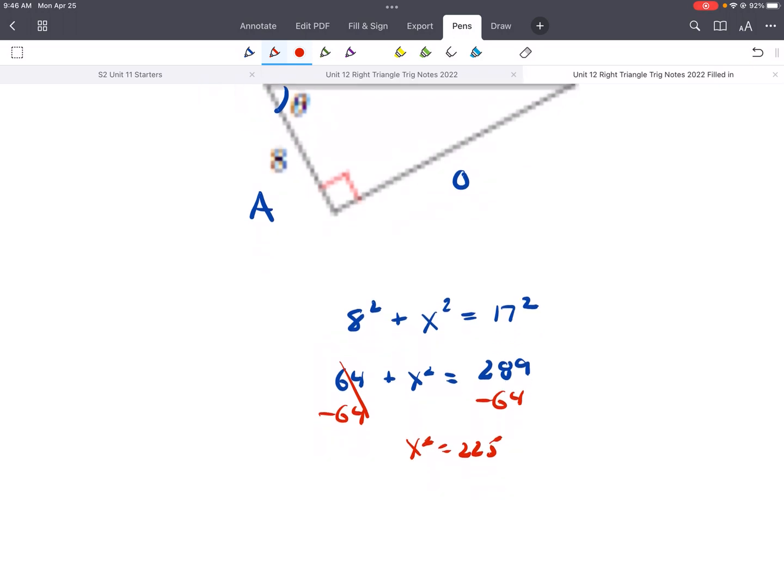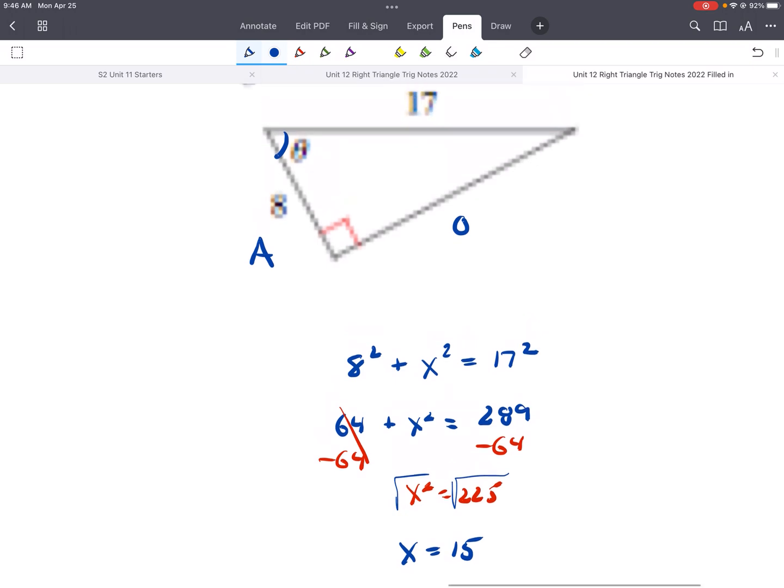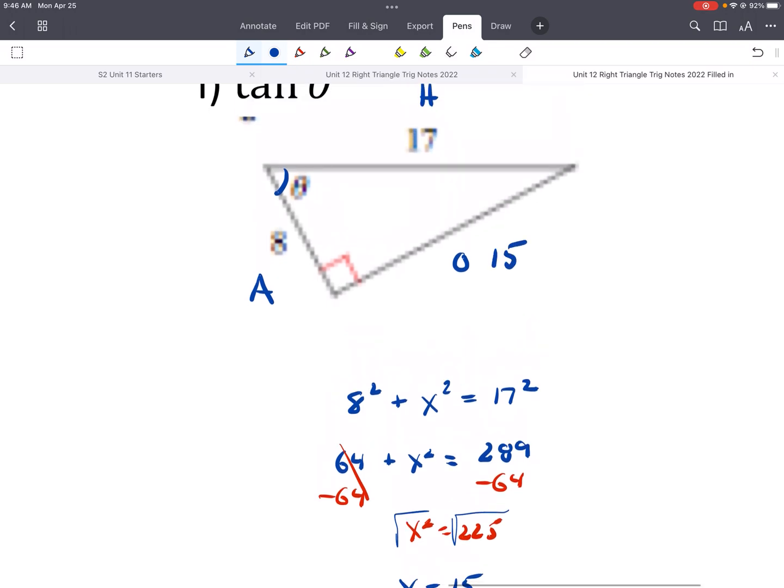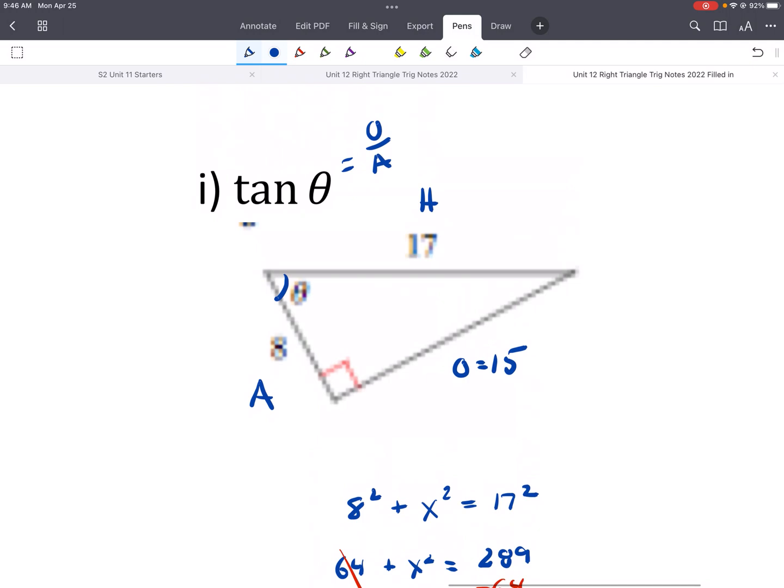And then we could square root both sides. So the opposite of squaring is square rooting. And we would get 15. So here we'd have O is 15. And now we could write down our ratio. So that'd be 15 over 8. And that can't be simplified.